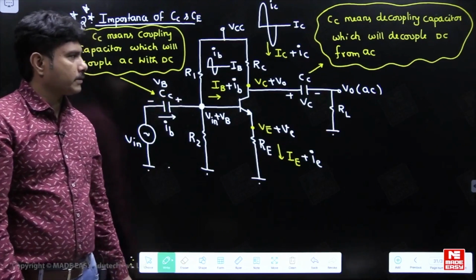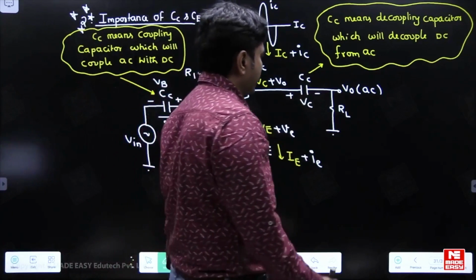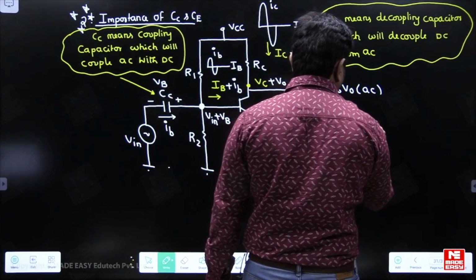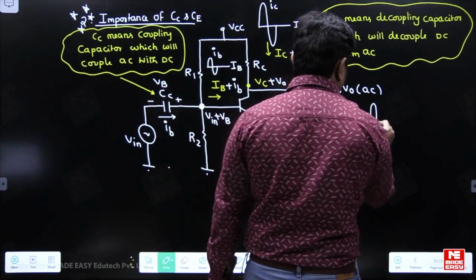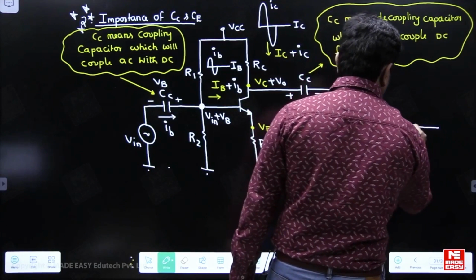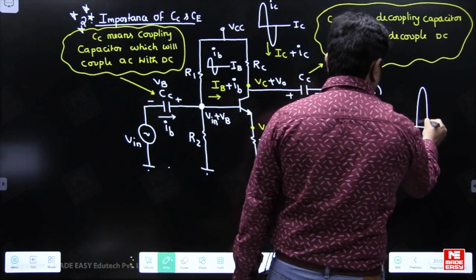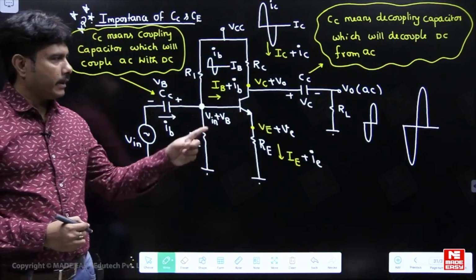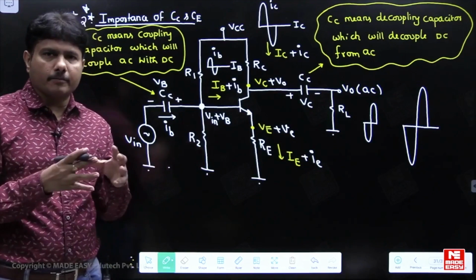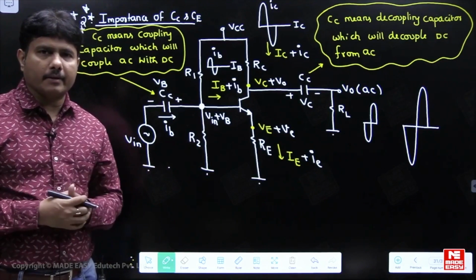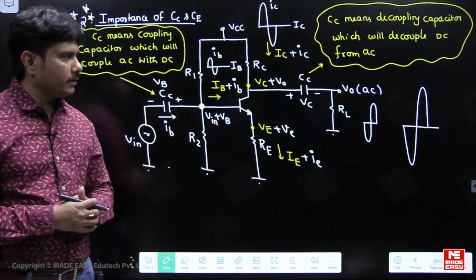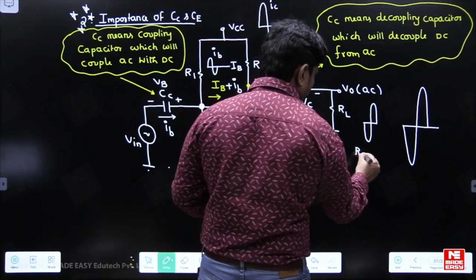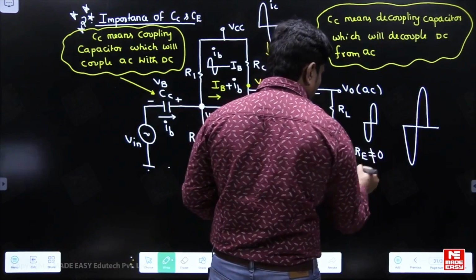But the problem here is the output what you are expecting, we are getting two types of outputs. One is coming like this, and one more is coming like this. आपको आउटपुट में दो आउटपुट्स मिलेगा, दो चांसेस है मेरे पास. एक आउटपुट स्विंग ज्यादा आ रहे, एक आउटपुट स्विंग कम आ रहे. एक केसेस क्या है, कौन से केसेस में ज्यादा स्विंग आ रहे, कम स्विंग आ रहे. इधर हम RE is not equal to 0 करते आ रहे.